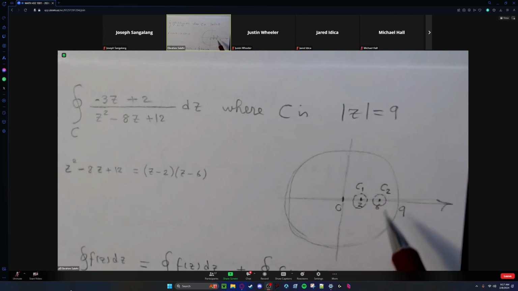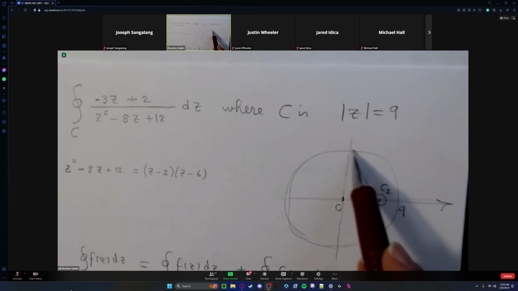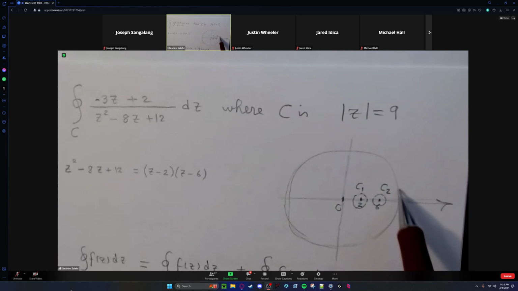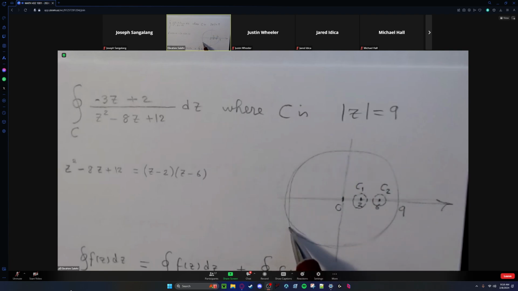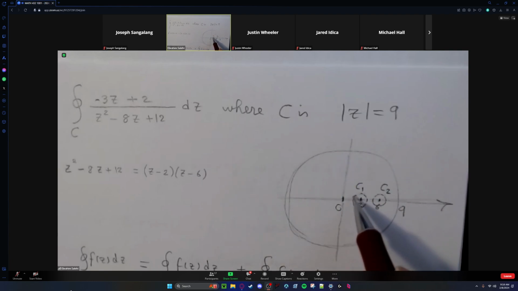So we are going to isolate both of them. So the integral over the whole thing, the outer circle, will be equal to the integral over this one plus the integral over this one. Okay?